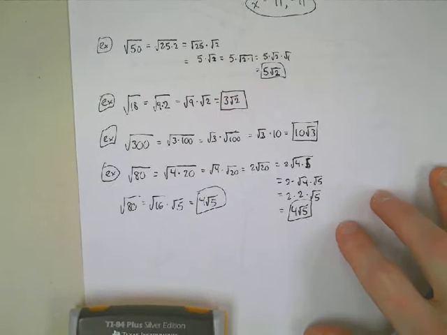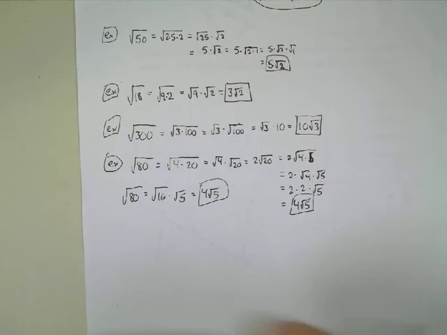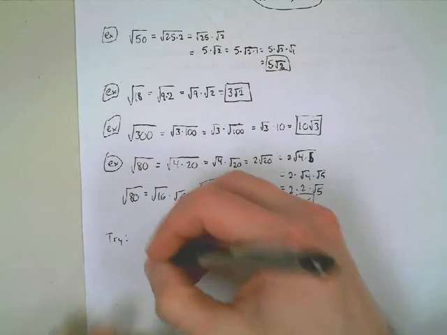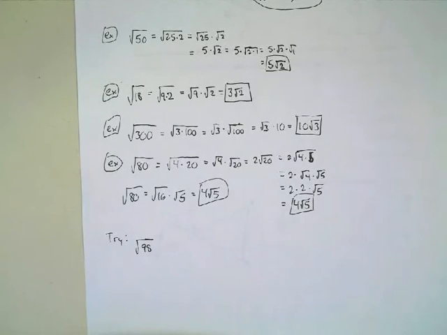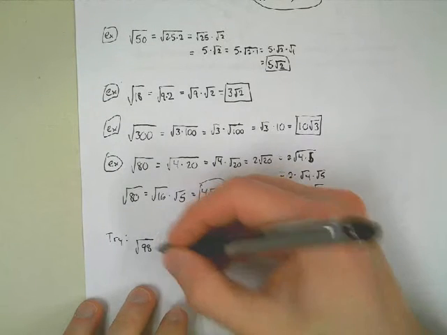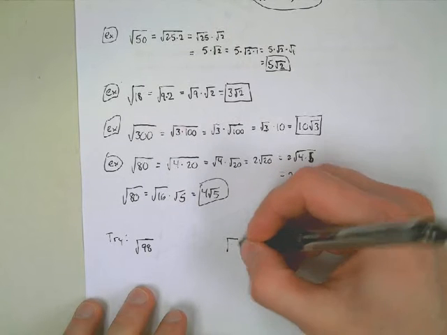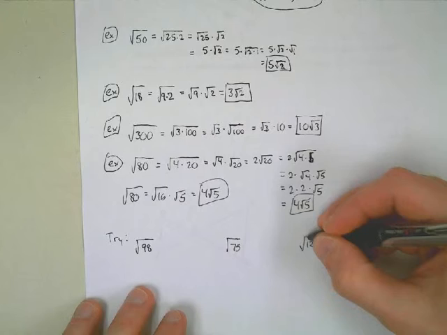Okay, so why don't you guys try these here? Actually, I'm going to have you try 3: the square root of 98, the square root of 75, and the square root of 120.